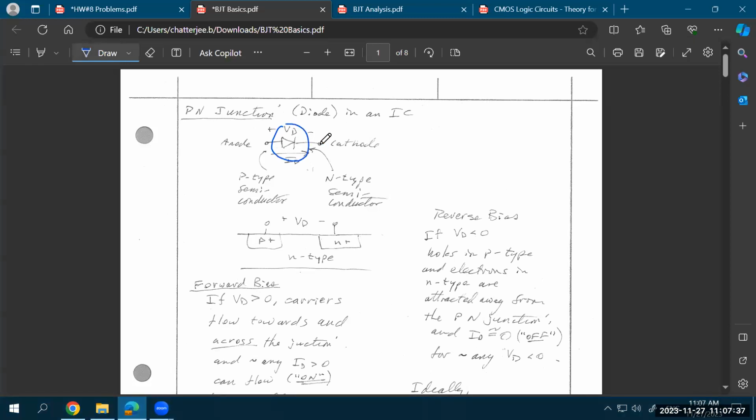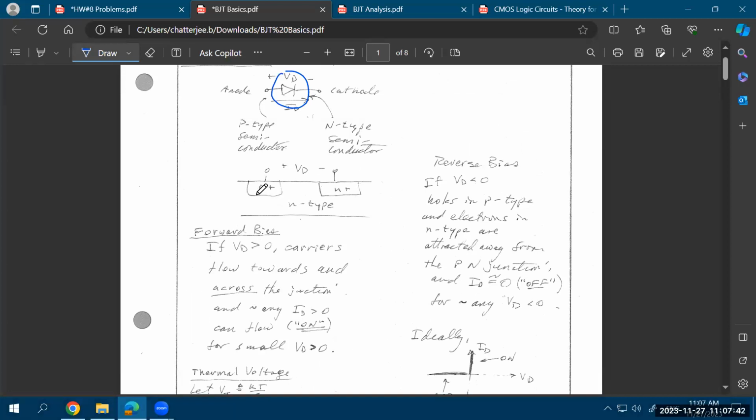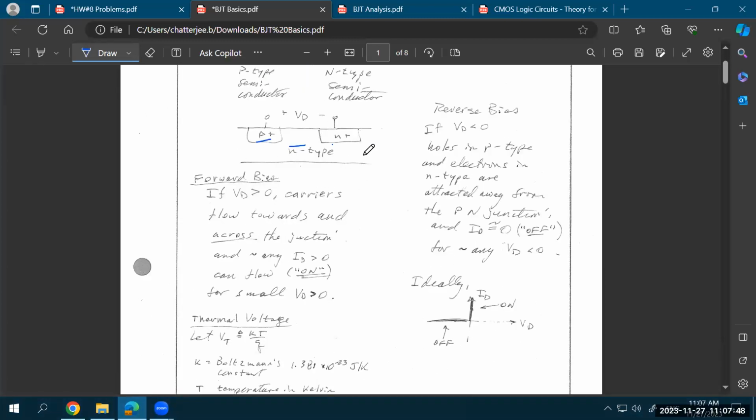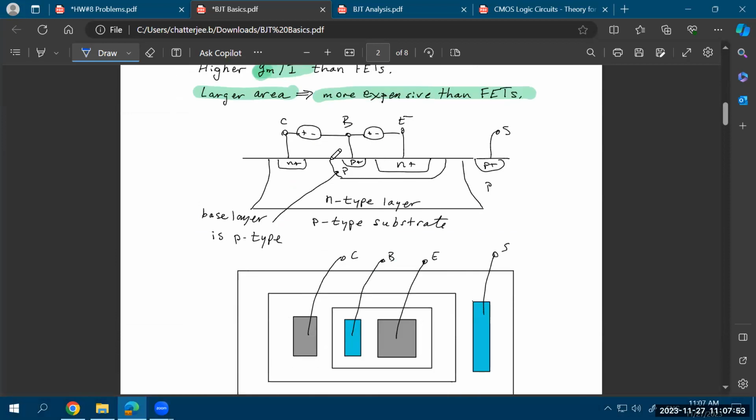The diodes we have studied used to look like this, right? Now if you put two diodes back to back, so if you have a P followed by an N followed by a P once again. This was the diode configuration, but the BJT configuration looks something like this: you have an N-type region, then a P-type region, and again an N-type region.